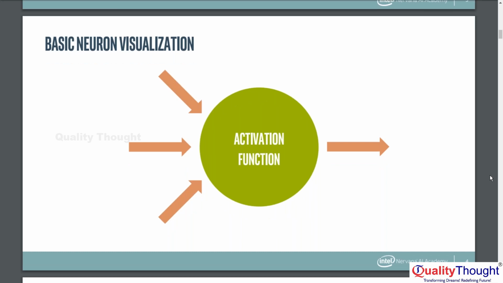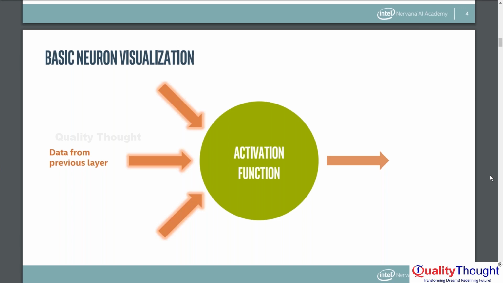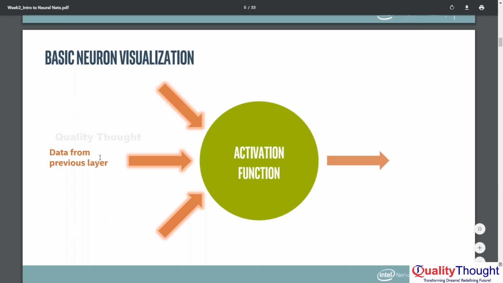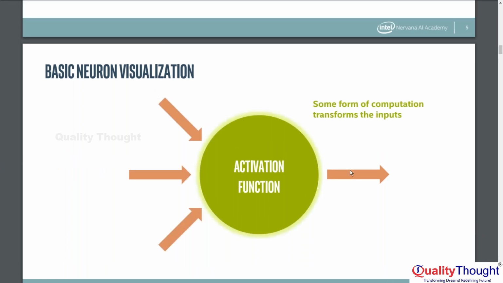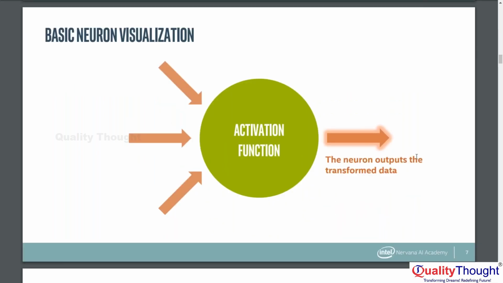We will have something called an activation function, where you use the data from the previous layer and apply this activation function to get an output, a form of computation that transforms whatever inputs you have given, and finally that is transformed by the neuron, which gives you the output data as transformed data.